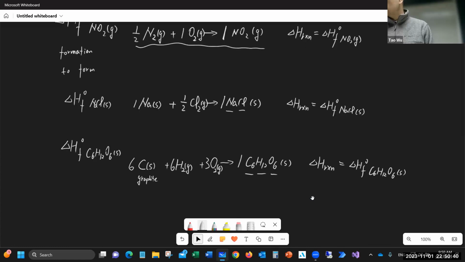So generally, this is what we learned last time. And today we're going to talk a little bit more. We're still going to talk about the enthalpy of reactions, and scientists really want to figure out the enthalpy of reactions, no matter what kind of reaction.